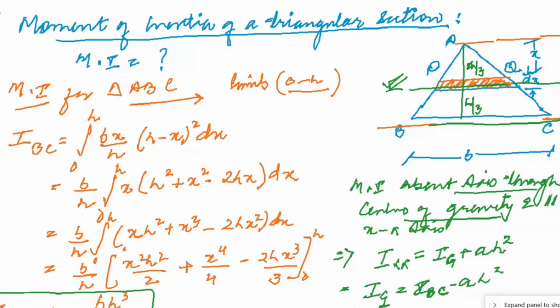It will be bh by 2. And then it will be h square. What is h? Where will be the center of axis? At a point which is at a distance of h by 3. That means h by 3 raised to the power of 2.